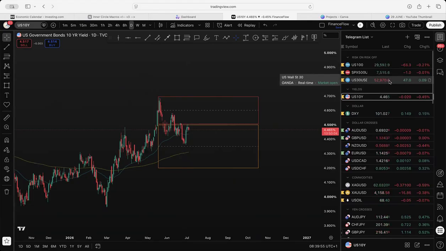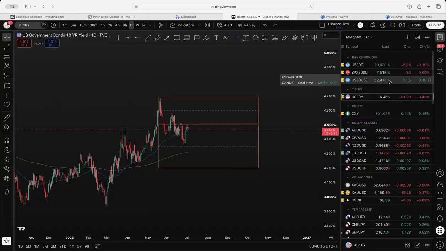So if we're using the dollar, yields and stocks, we want to identify risk appetite. I'd say there's a little bit of a mixed risk appetite here because stocks aren't flying, yields aren't flying, and the dollar's not really flying either.